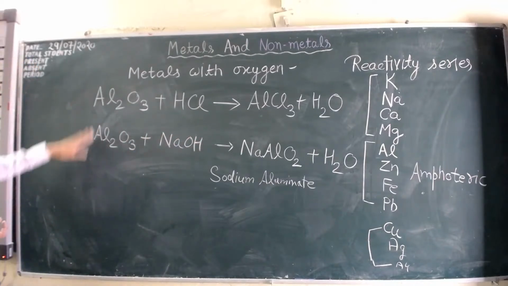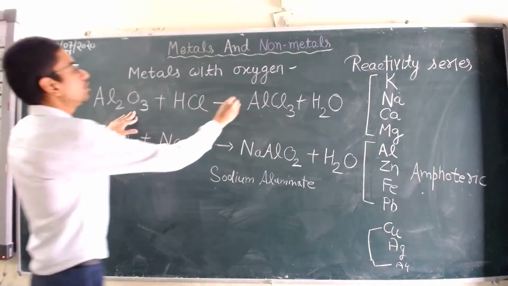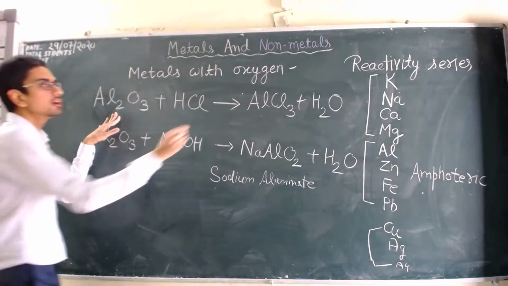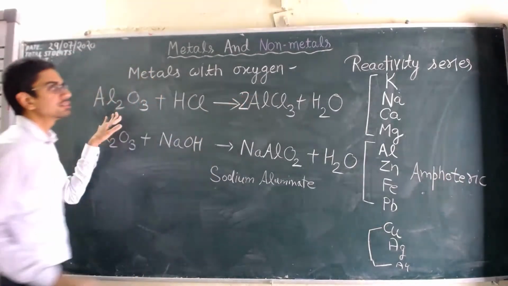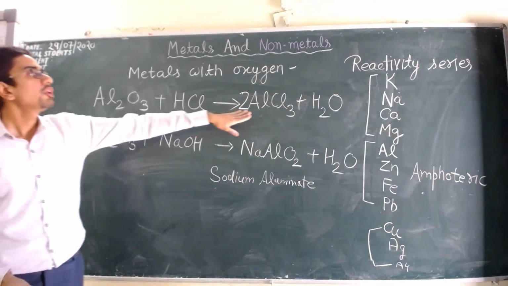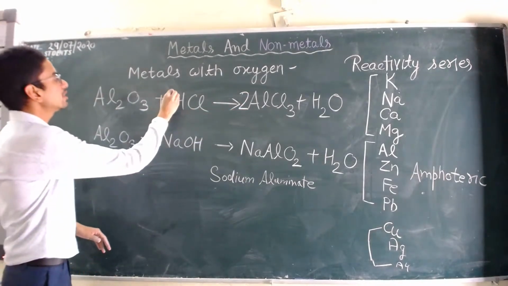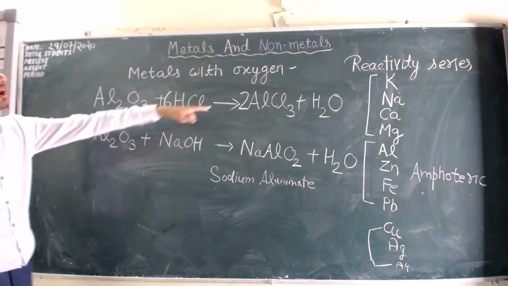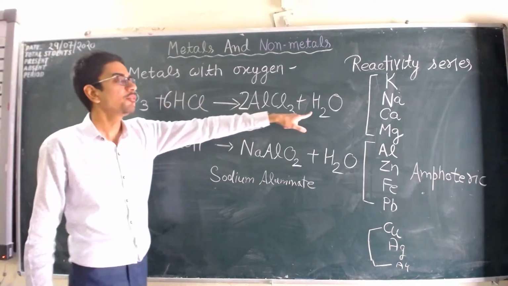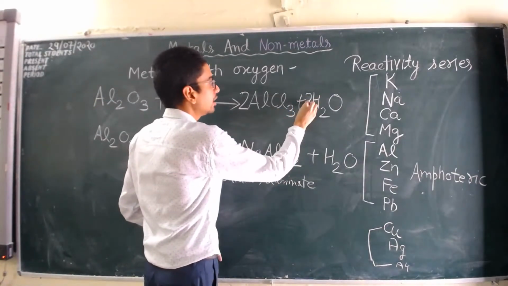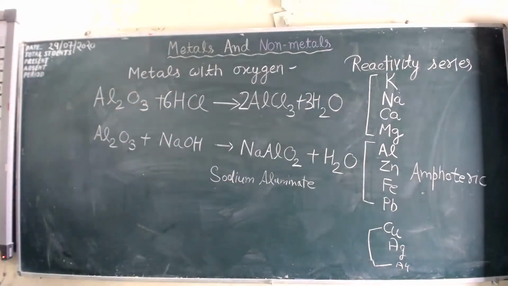Like other reactions, Al2O3, you can put 2 because aluminum is 2 here, so you have to make 2 also here. Now chlorine is 6, so you have to put 6 here. Now hydrogen is 6, so you have to make this hydrogen 6 by putting 3 here. Okay, now this reaction is balanced.